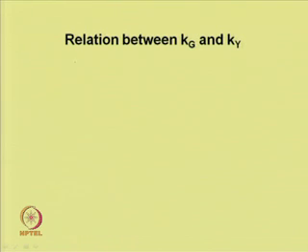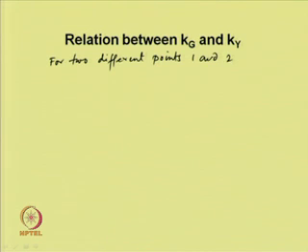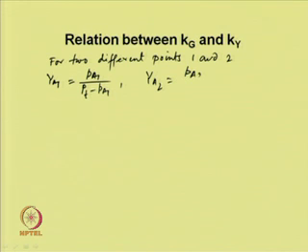We know that for two different points, one and 2, we can write Ya1 equals Pa1 by Pt minus Pa1 and Ya2 equals Pa2 by Pt minus Pa2.